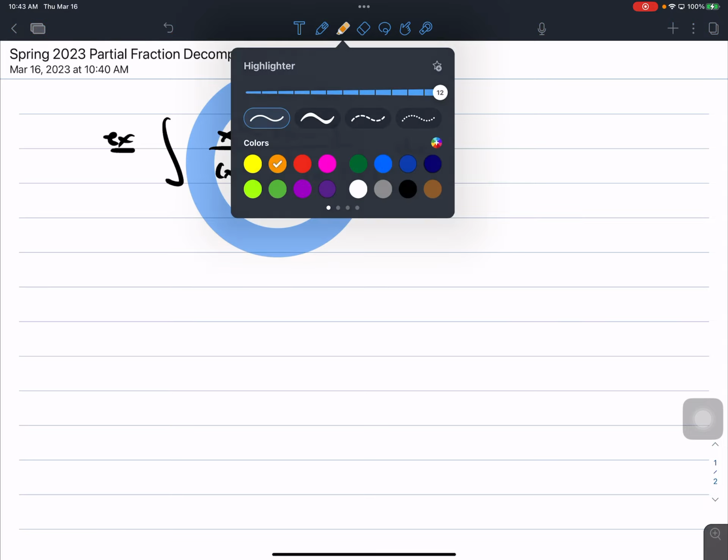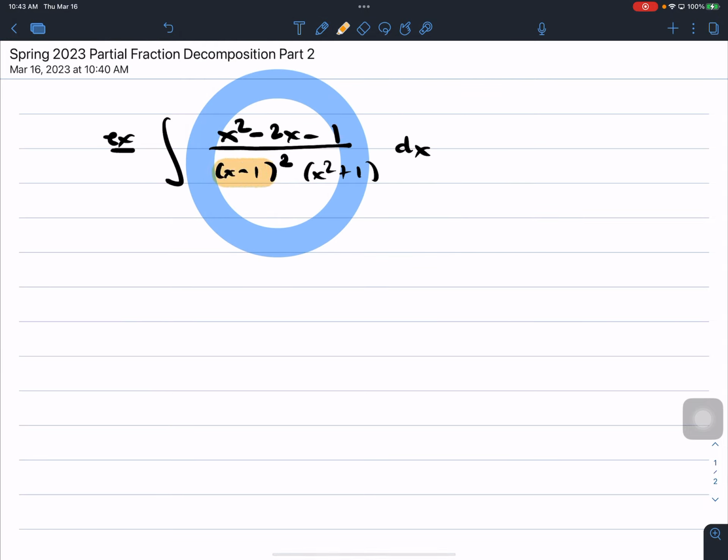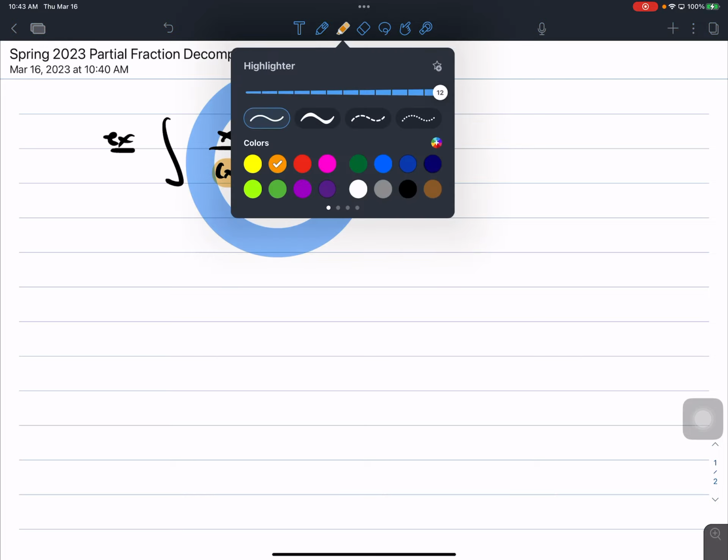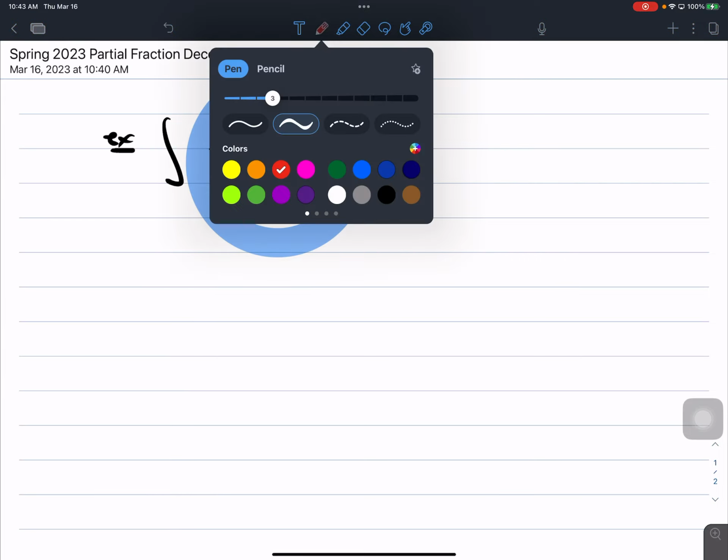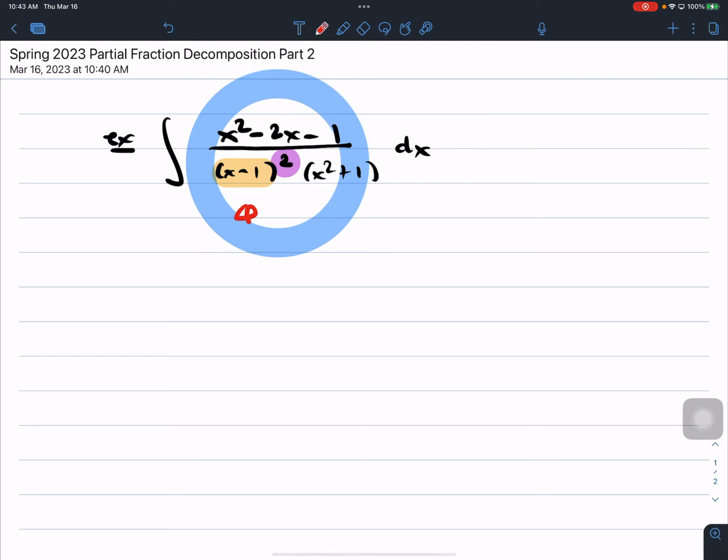Yeah, I'm going to say this. You have, what is this? Repeat linear. Is that true? So I'm going to say this is a repeat linear, and then this one over here is a quadratic, right?